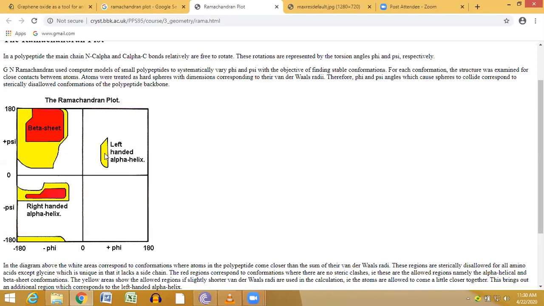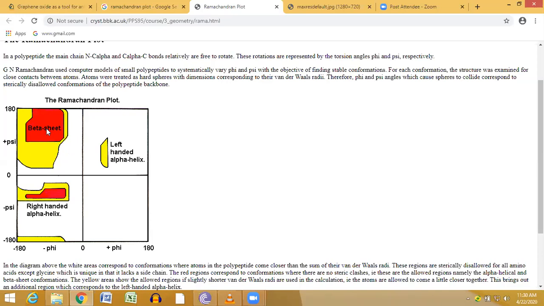Because the left-handed alpha helix, as I already told in yesterday's lecture, is very scarce in nature. It is not usually found. So there is no red zone. It is already scarce, so there is no zone which is most probable. So this is all a scattered zone. That means if you find the left alpha helix phi psi in this zone, it's okay.